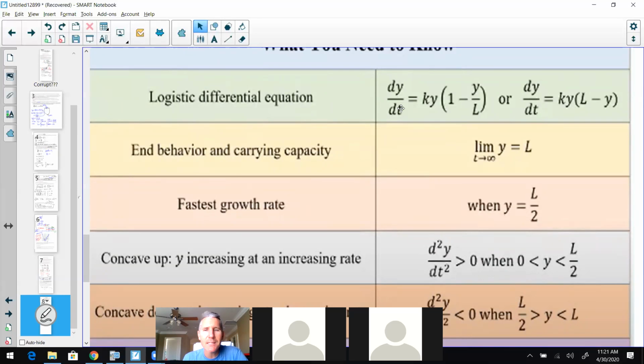I think we had dp dt for population, the rate that the population is changing. But anyway, dy dt equals k times y times quantity 1 minus y over L. L is what we call that carrying capacity, or the limiting size is another way of saying that. And so the limit as t approaches infinity of y is just that L.